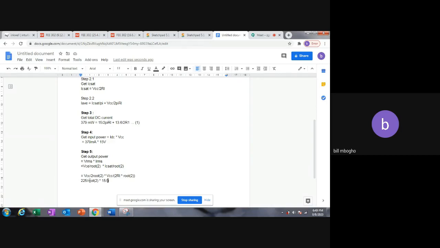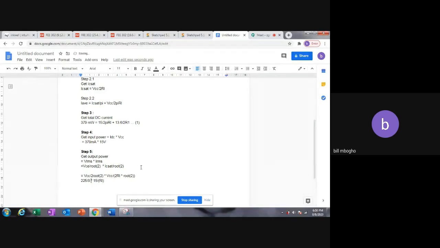Okay, I'm going to push those root 2's and 2's outside so that we're left with RL. And then here, instead of having root 2 and 2, I just have 4. Hope you see where I get the 4. Root 2 times root 2 times 2. That gives us 4 times 2.